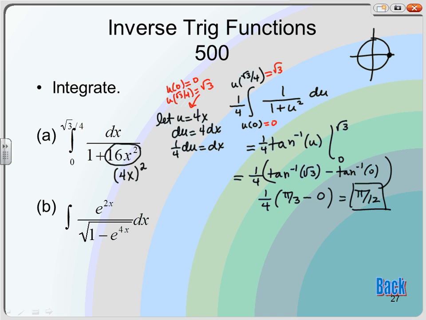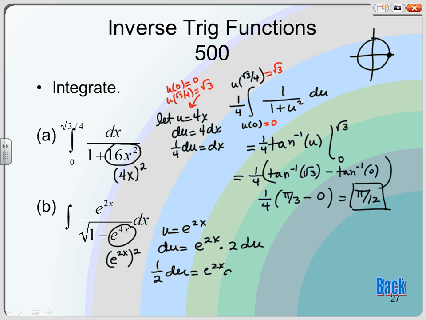And the last one, this is e to the 2x squared. So we're going to let u equal e to the 2x. So du is e to the 2x times 2 dx. So it's 1/2 du equals e to the 2x dx.